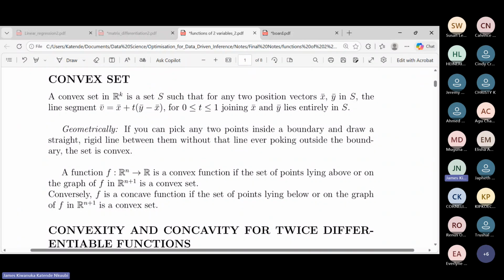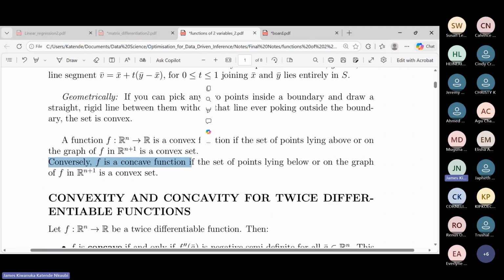So now you can define a convex or concave function in terms of this convex set. A function will be convex if the set of points lying above or on the graph is a convex set.